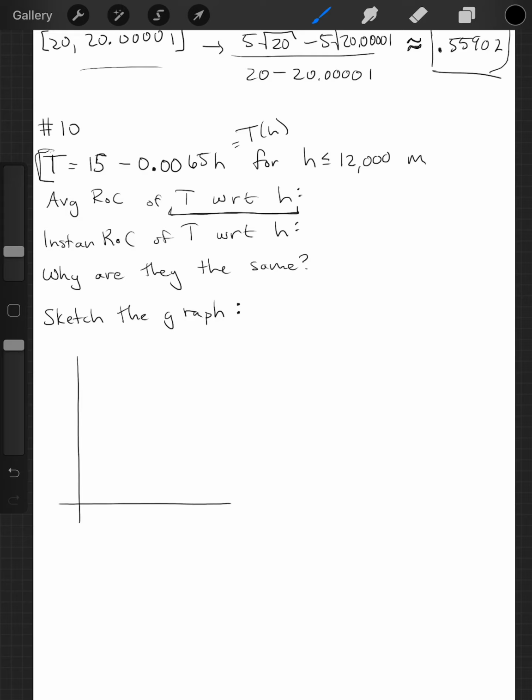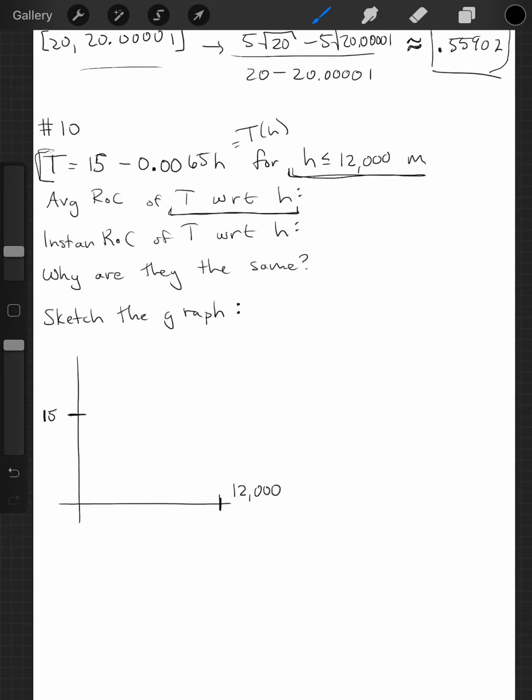Right, and with a linear function, it's in slope-intercept form. So I automatically know that the intercept is at 15. Right, and the other thing that might come in handy is the end point.